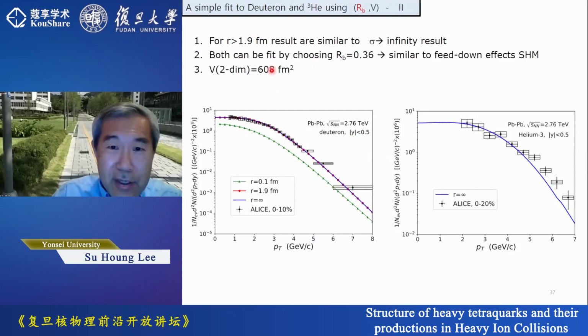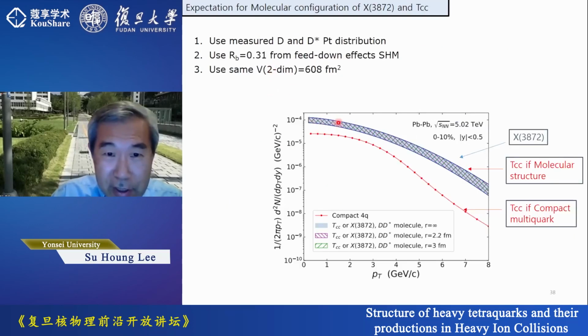And then we have something like this. If X or even TCC, because the only difference between X and TCC from a molecular point of view, in a coalescence model point of view, is whether this is D star D-bar or just D star D itself.